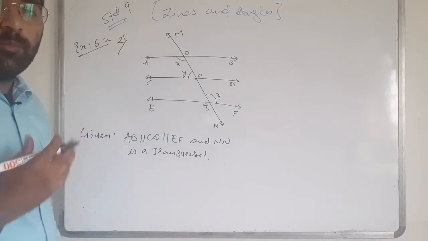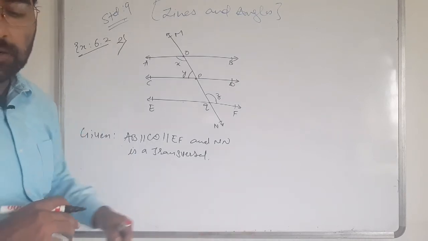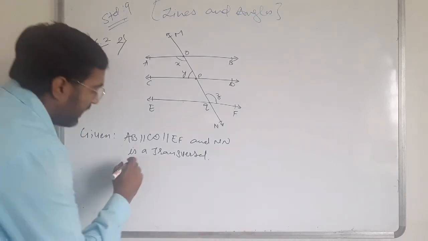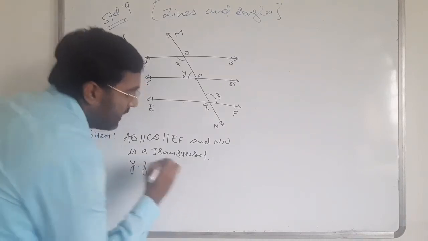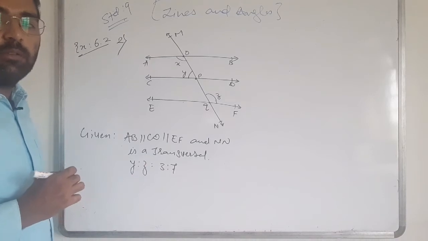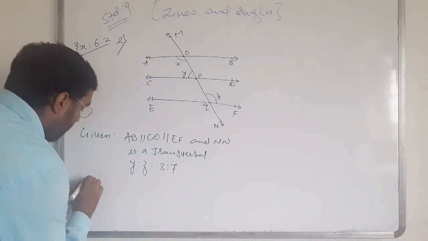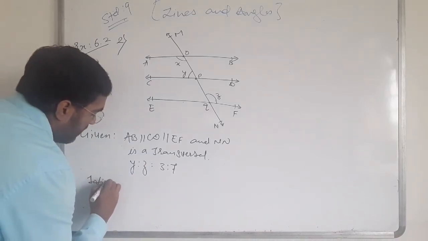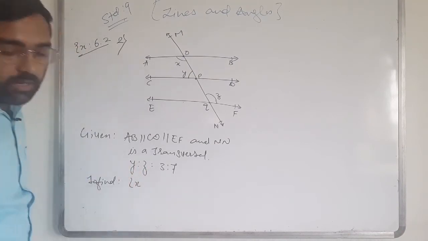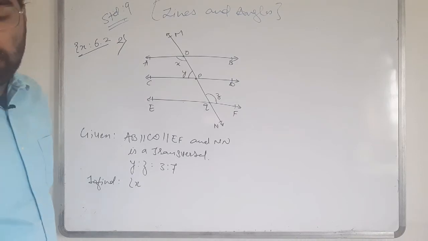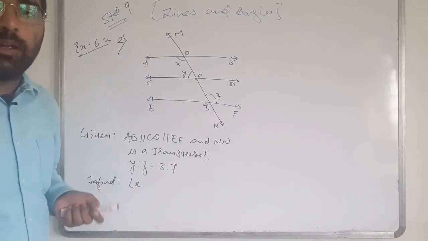The second thing given is y is to z is equal to 3 is to 7. Now we have to find angle x.